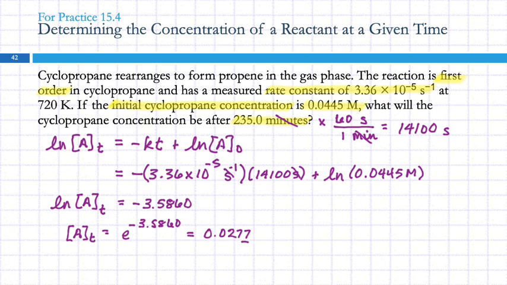There's 3 sig figs, and let's write at least 2 more. So our answer then is 0.0277 molar. That is the concentration of cyclopropane at 235 minutes.